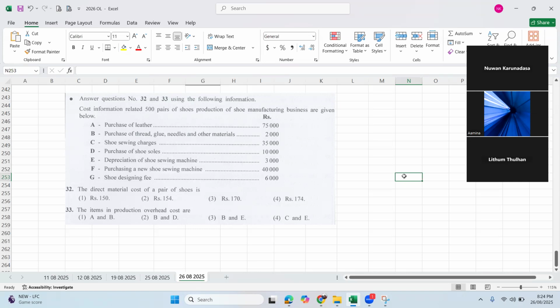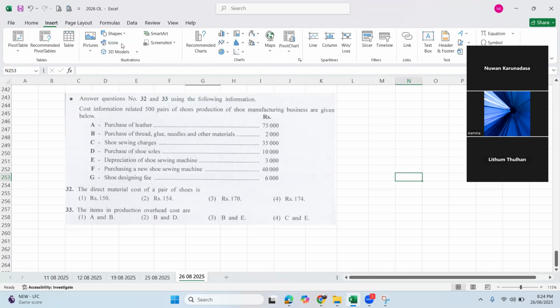Purchase of thread, glue, needle, and other materials, 2,000. Shoe sewing charges, that is direct labor. Purchase of the shoe sole, it's again direct material. Depreciation of the shoe sewing machine, it's production overhead. Purchasing a new shoe sewing machine, it's not an expense. It's a purchase of a fixed asset.